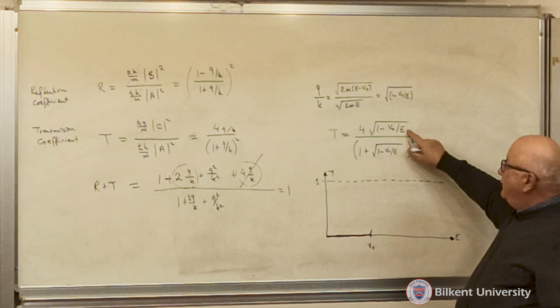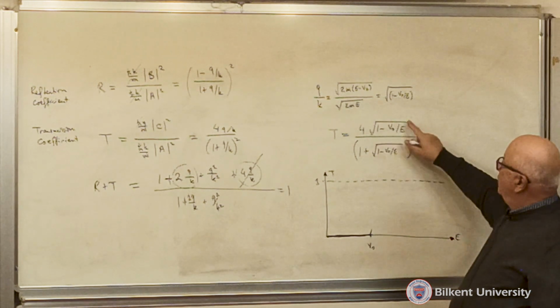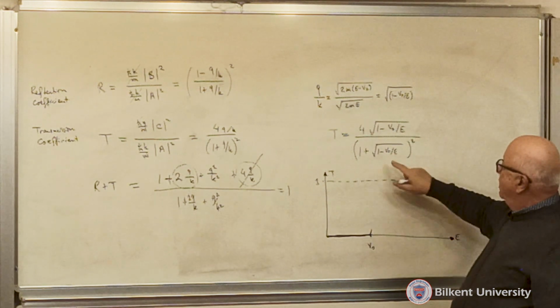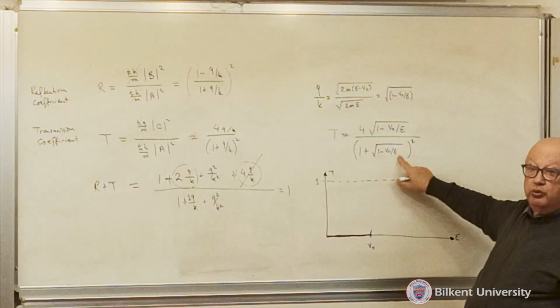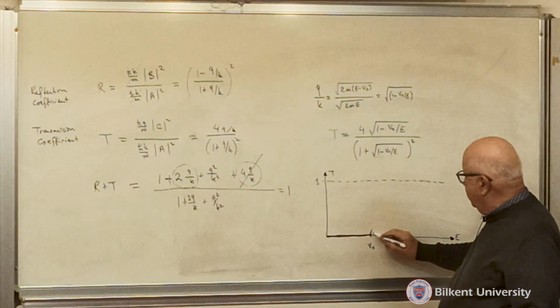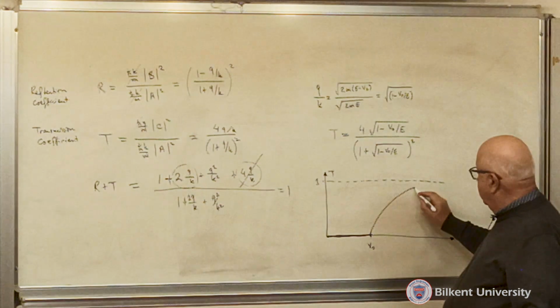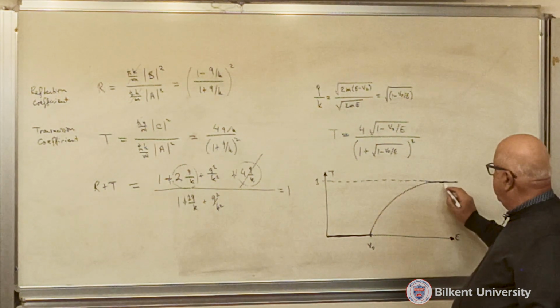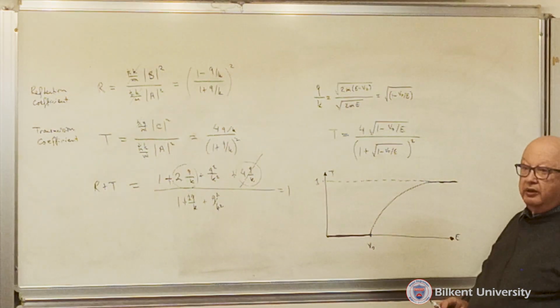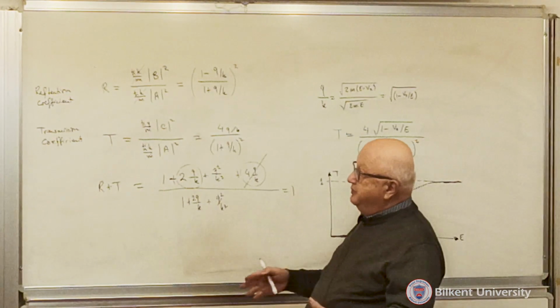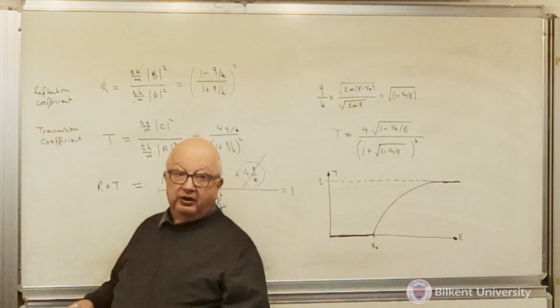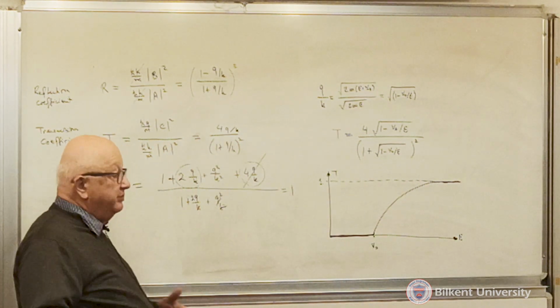When E becomes very large, this numerator just becomes 4. The denominator becomes 2 squared, which is also 4. So this curve just approaches 1 like that. So if you send particles with higher and higher energy, the probability of transmission becomes higher and higher.